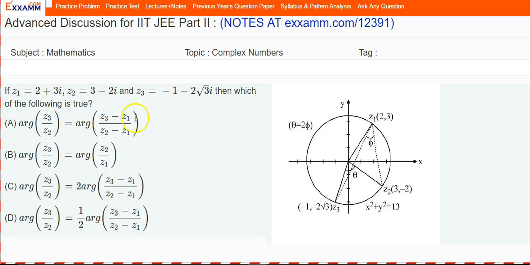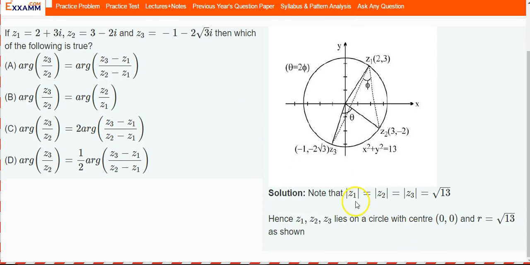The first thing you should look at in all such questions, when these 3 points are given, is whether their modulus are equal, and if they are equal, then we say that their center is the origin. So here, as Z1, Z2, Z3 all have modulus equal to root 13, the center is the origin, and this distance is the radius of the circle passing through Z1, Z2, Z3.